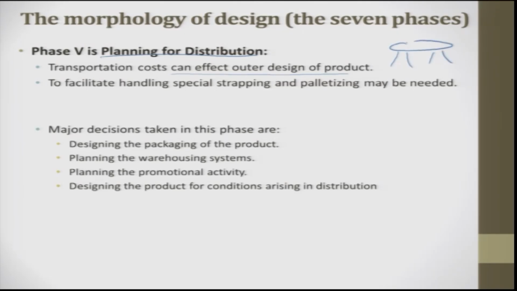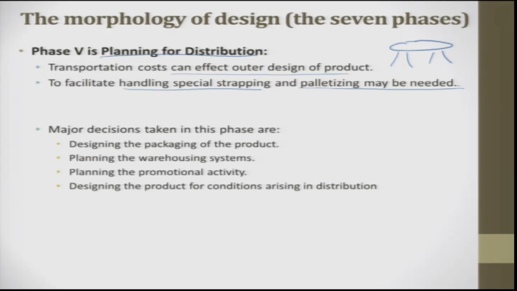Today the tables are made into a modular concept, they are disconnected and then packaged and then moved. Suppose if they want to push a fully assembled table, it might occupy a lot of volume and the transportation cost becomes very expensive. Okay. So, to facilitate handling, special strapping and palletizing may be needed.